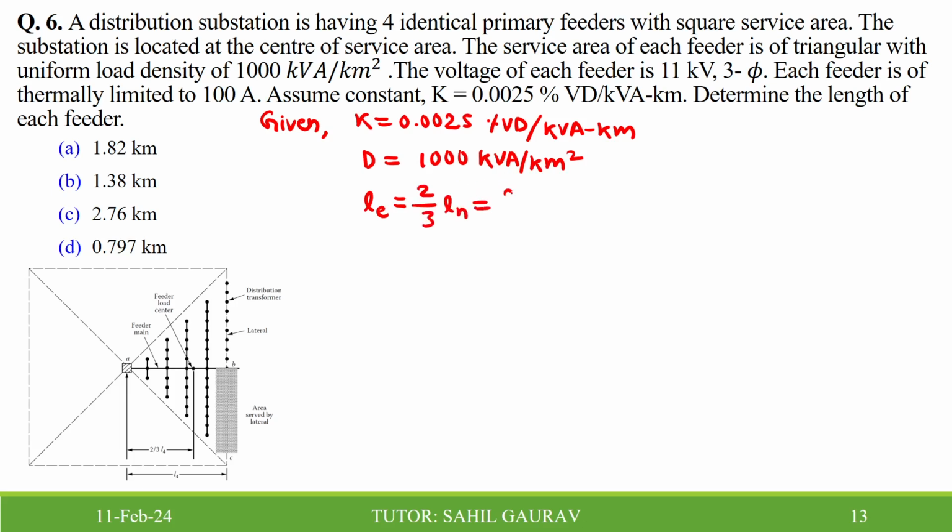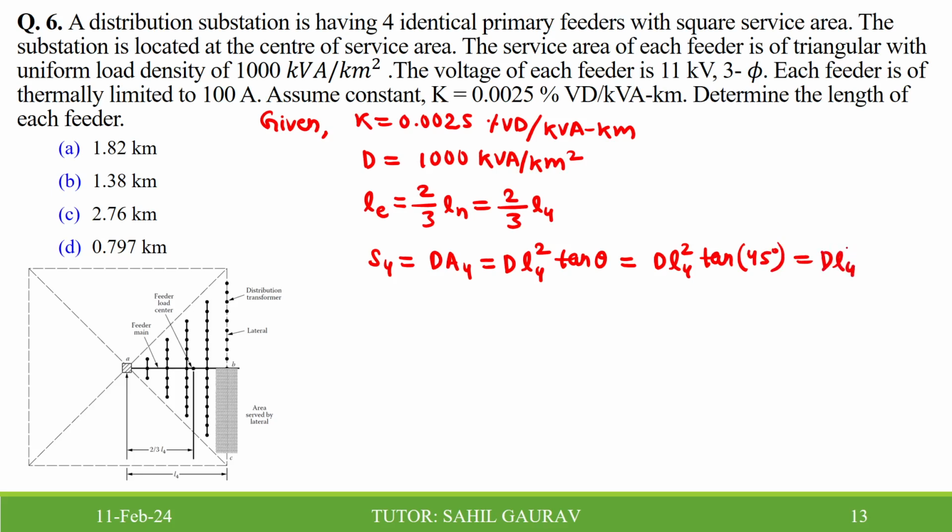So it will be 2 by 3 of L4, 4 representing the number of primary feeders. Therefore, the kVA load served by one of n feeders is S4. S4 is D into A4. A4 is L4 square tan theta. And for a square service area, we know that theta is equal to 45 degrees. So D L4 square tan 45 degrees is D into L4 square.